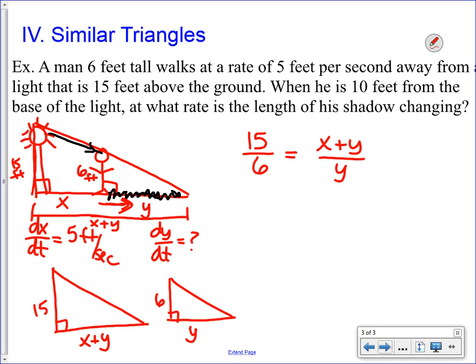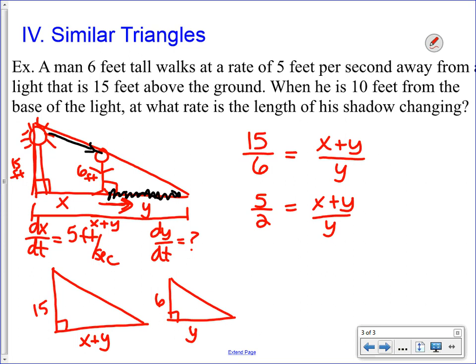Now, because this is a proportion, we can cross multiply. But to make it easier, we could go ahead and reduce our ratio. So I would reduce the 15 over 6, and we'll get 5 over 2 equals (x plus y) over y. All right, so we're ready to cross multiply.